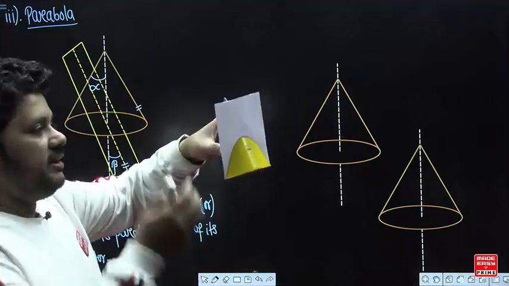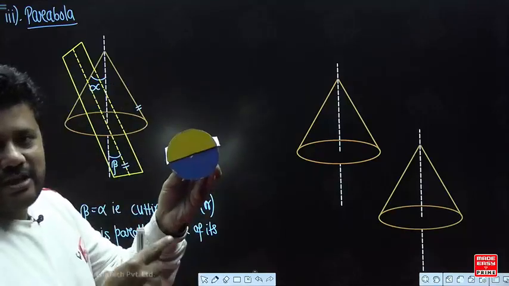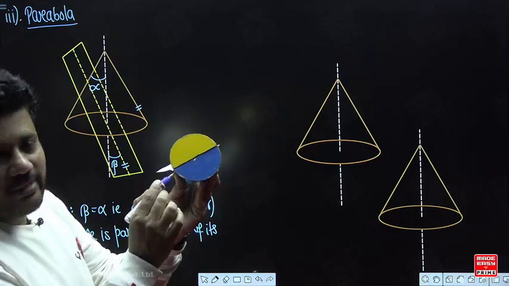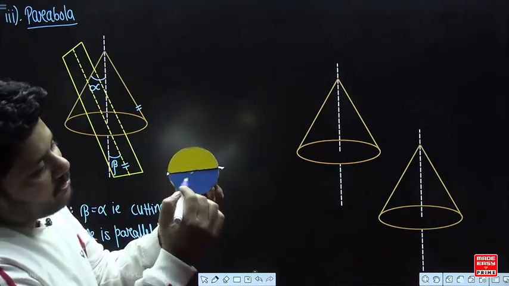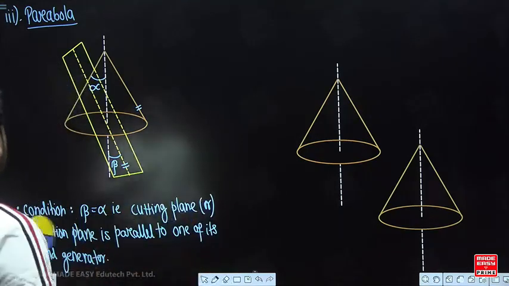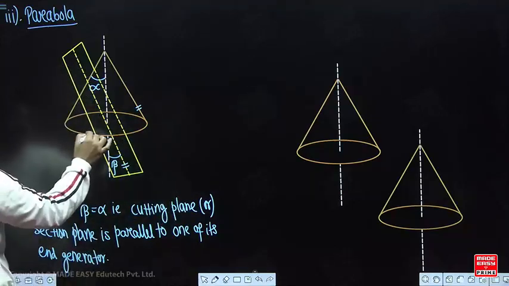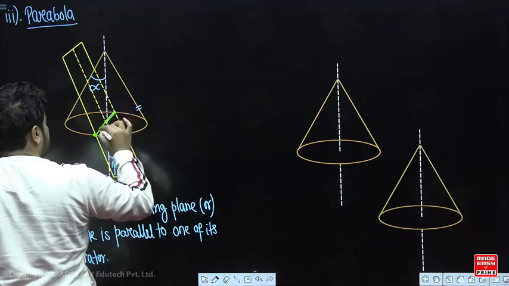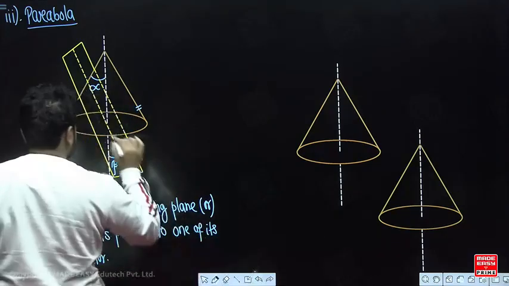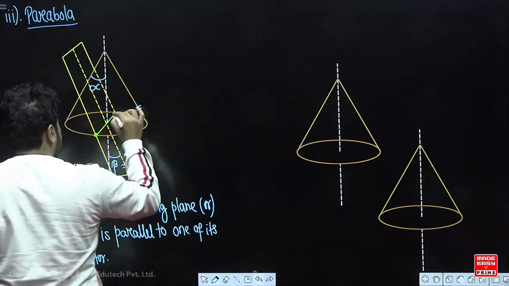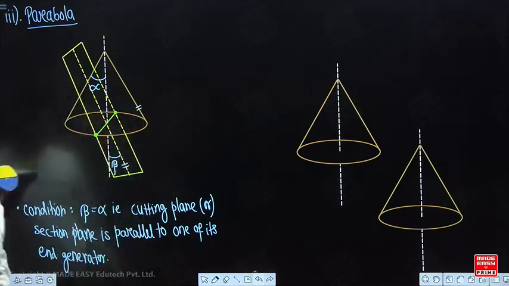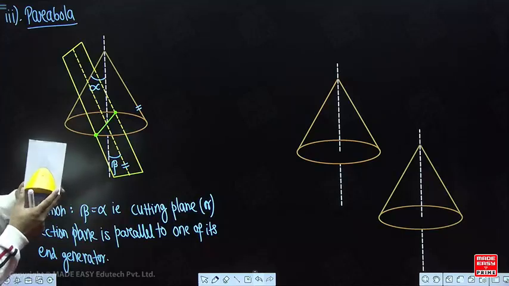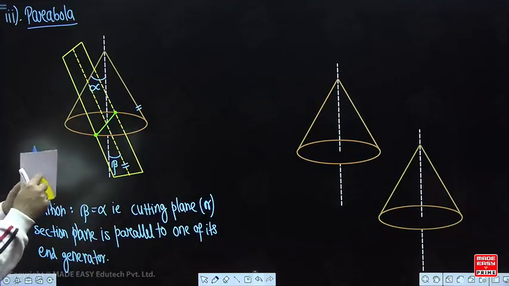So when this section plane is inserted here, you can see that there are two cutting points. One cutting point is here at the base, another is exactly vertically opposite to it. You can see that this is the cutting plane, so here and exactly vertically opposite, another point of intersection is right here.